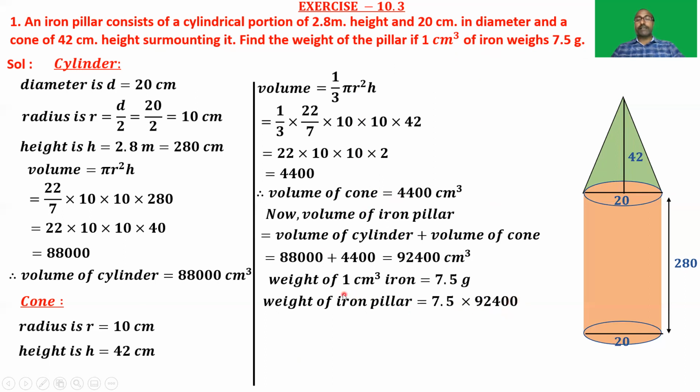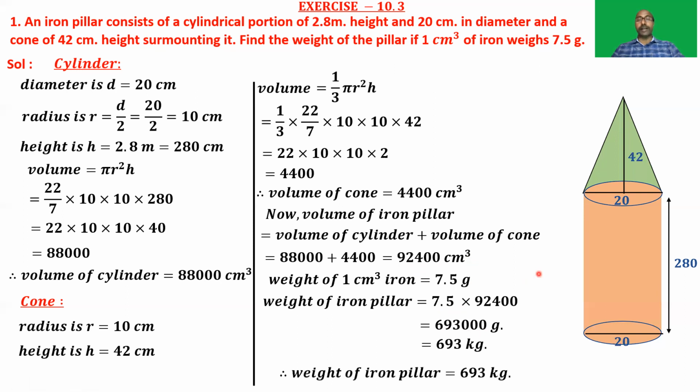As the weight of 1 cubic centimeter of iron is 7.5 grams, the weight of 92,400 cubic centimeters is 7.5 into 92,400. So we get 6,93,000 grams. As we convert it into kilograms by dividing by 1000, we get 693 kilograms. So the weight of the iron pillar is 693 kilograms.